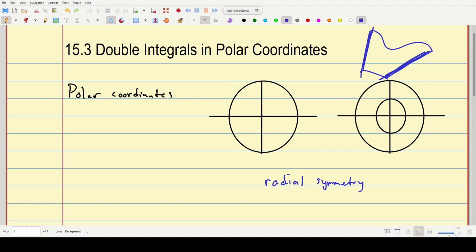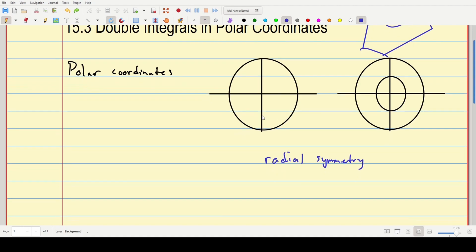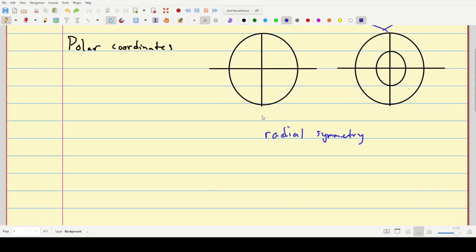And so that is what we're going to be doing. Now, when we set up polar coordinates, the thing that is required is a transition formula that tells us the relationship between the coordinates.